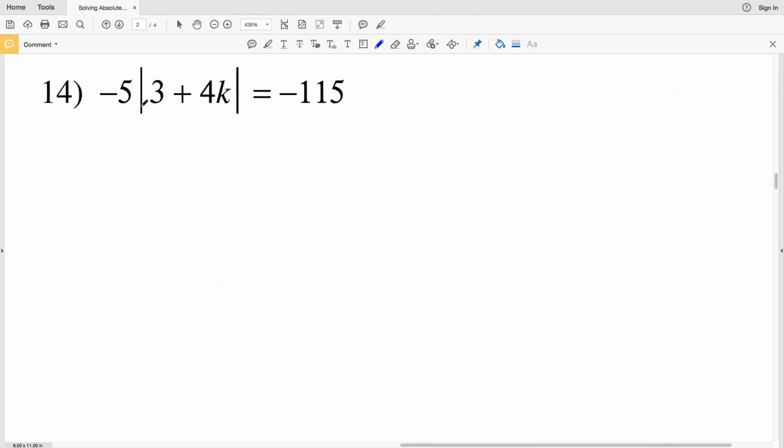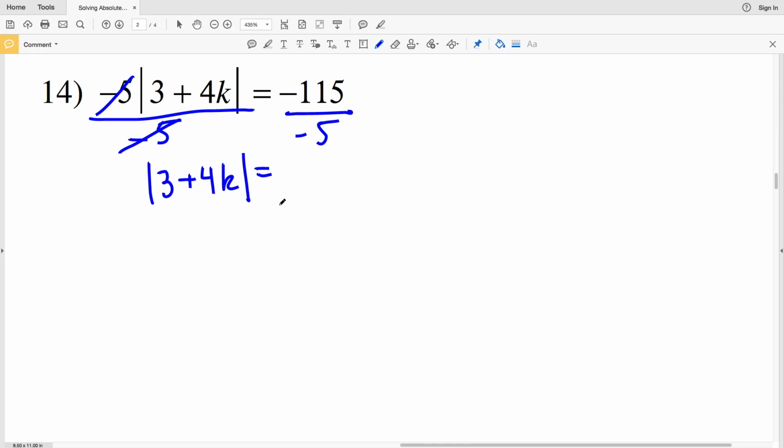In number 14, in order to isolate this absolute value quantity, we're going to start by dividing both sides by negative 5. Negative 5 divided by negative 5 is 1, so we'll have the absolute value of 3 plus 4k on the left-hand side of our equation, and that's going to be equal to negative 115 divided by negative 5, which is a positive 23.